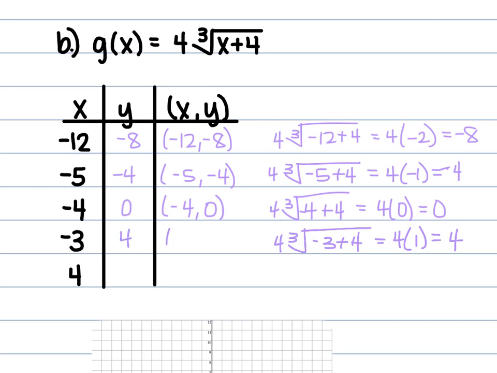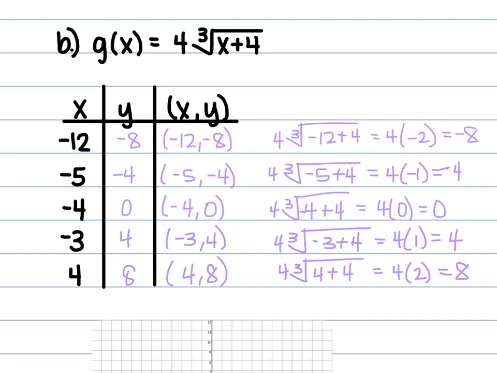That's the ordered pair (-3, 4). For 4, we have 4 times the cube root of 4 plus 4. That's 8. The cube root of 8 is 2. 4 times 2 is 8. So that's the ordered pair (4, 8).